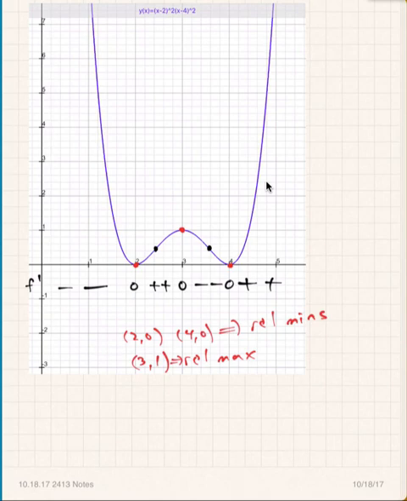The second derivative is concave up until you get to about 2.4, and that's where the second derivative is 0, and then it's negative, and then at about 3.6, again the second derivative is 0, and then positive again after that. So that all fits in pretty well.